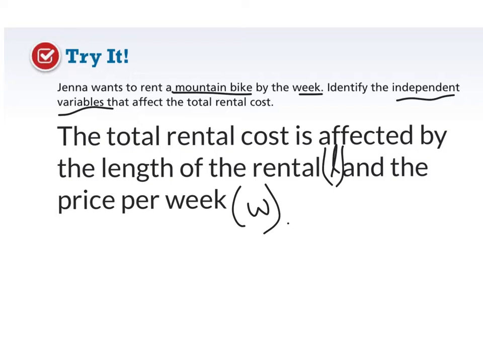In this case, renting it by the week, so length of the rental then puts us into the price per week, and then the price per week depending how much they charge for that. And the fact that it's a mountain bike, you could argue, is kind of an independent variable, as something we're just choosing there.